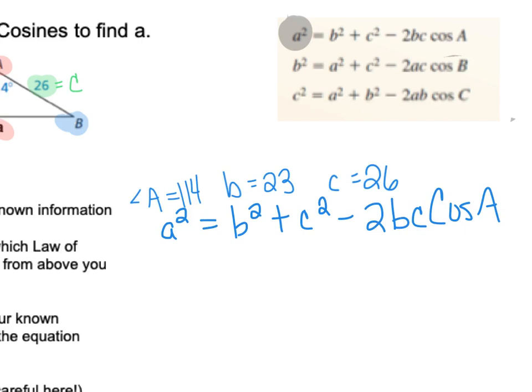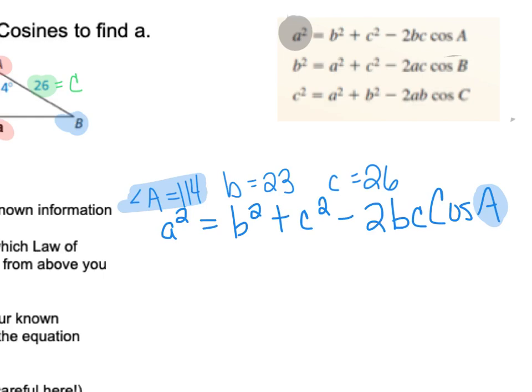Okay, so then I'm like, all right, let's see what I know. I know that angle A is 114 degrees. So I'm going to substitute in 114 for A, not for cosine, because remember, the angle is always attached to the trig function. So I'm going to have the cosine of 114 there.